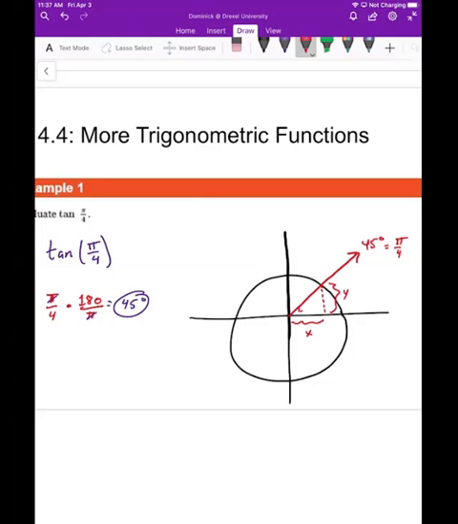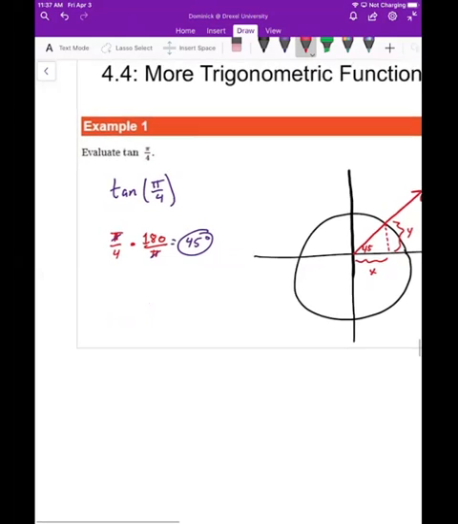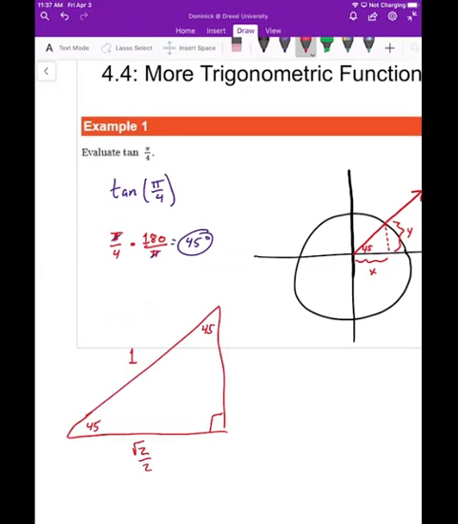Well, if this is a 45-degree angle, then what we really have here is a 45, 45, 90 triangle sitting here. So of course, what do we know? If we have a radius of 1, we know that each of these sides is square root of 2 over 2.